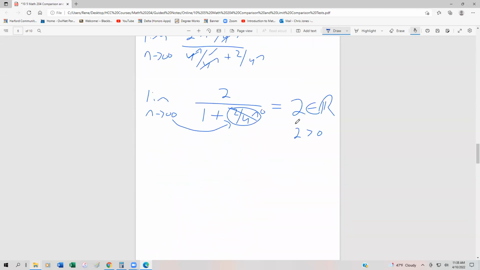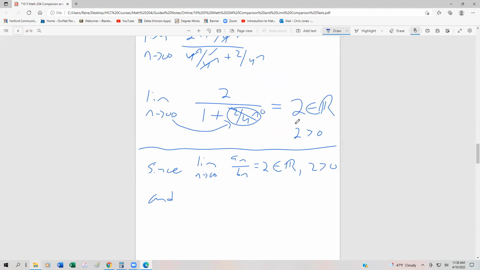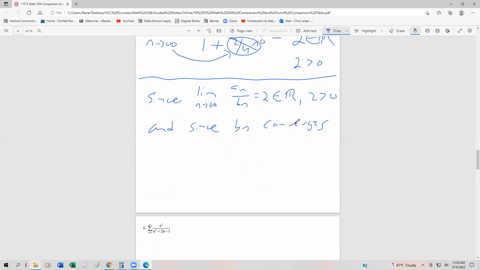So in conclusion, since the limit as n approaches infinity of a sub n divided by b sub n is equal to 2, which is a real number, 2 greater than 0, and since b sub n converges, then the original series, n equals 0 to infinity of 2 over 4 to the n plus 2, converges by our limit comparison test.